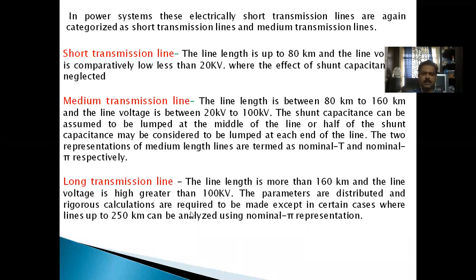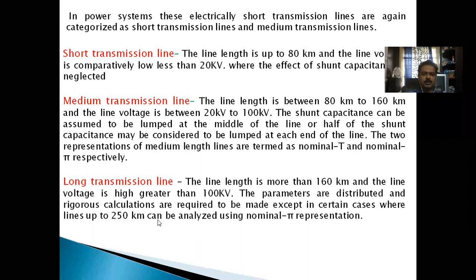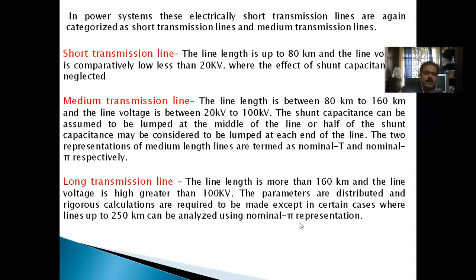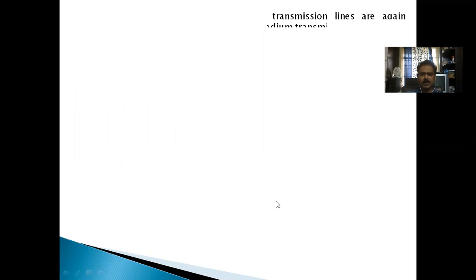Once we use distributed parameters and the model up to 250 kilometers, we can use the nominal pi representation. If we calculate the performance of this long transmission line, you will get the same values. If we use distributed parameters, we have to use rigorous methods.